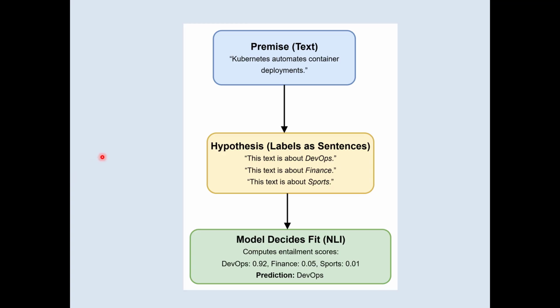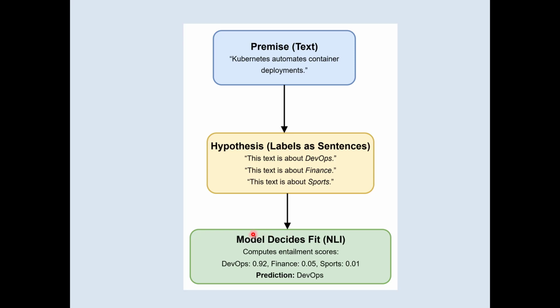Now let's understand what's really happening inside the zero-shot classification. So we start with the premise, the original text, like Kubernetes automates deployment. The model then generates a hypothesis by turning each label into a sentence. For example, this text is about DevOps, this text is about finance, or this text is about sports. Then the model checks if the premise supports each hypothesis using NLI, that is natural language inference.